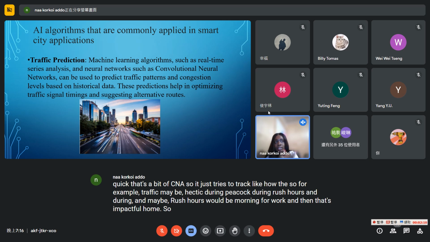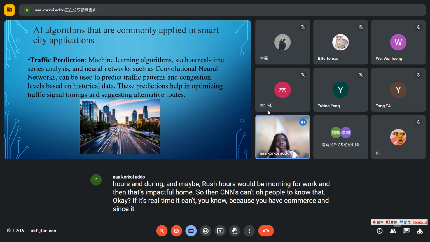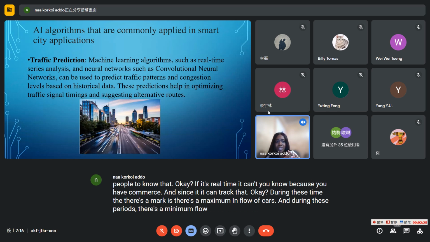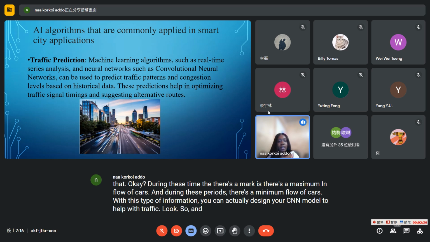So CNNs will be able to know that, if it's real time, because you have cameras and sensors, it can track that during this time there's a maximum flow of cars, and during these periods there's a minimum flow of cars. With this type of information you can actually design your CNN model to help with traffic flow. So you can have optimization there as well.